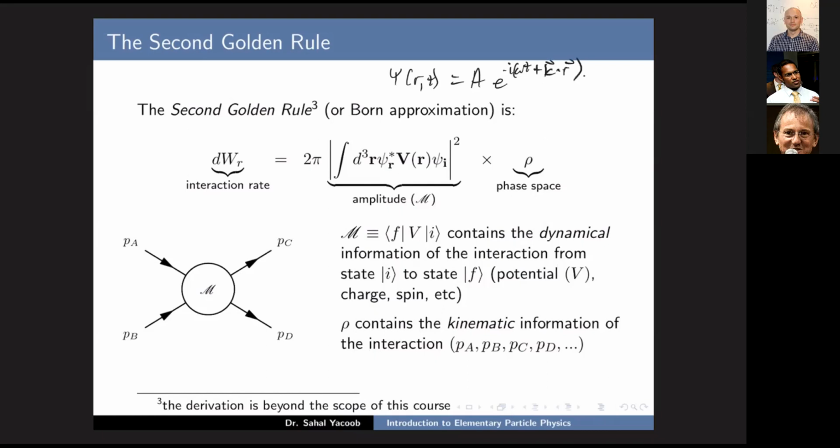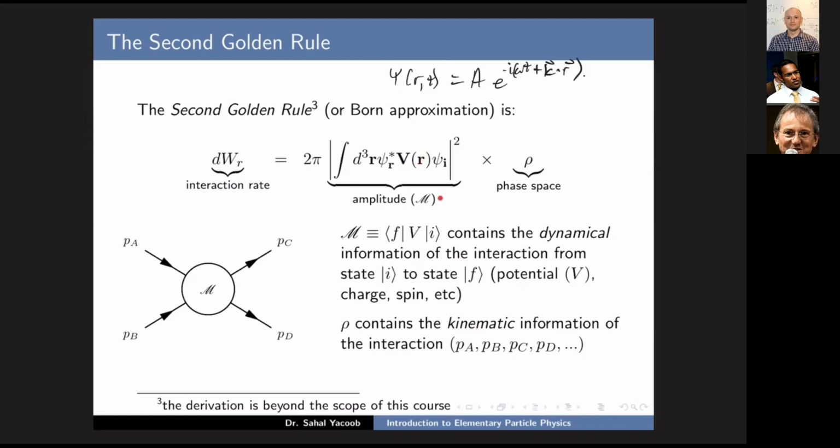Basically we have these psi's that are the free particle solutions far away from the interaction, and the interaction takes place at a particular point.